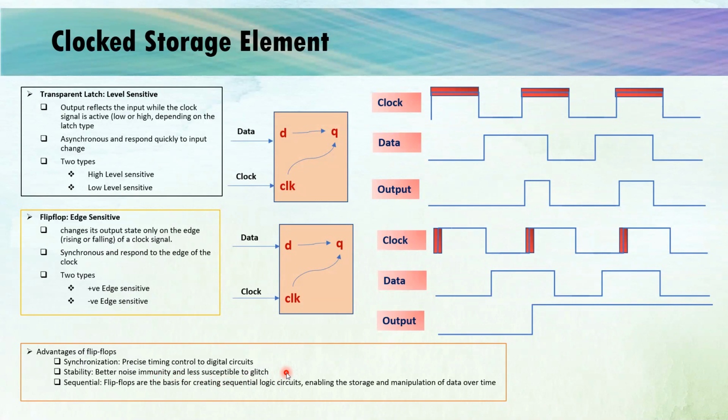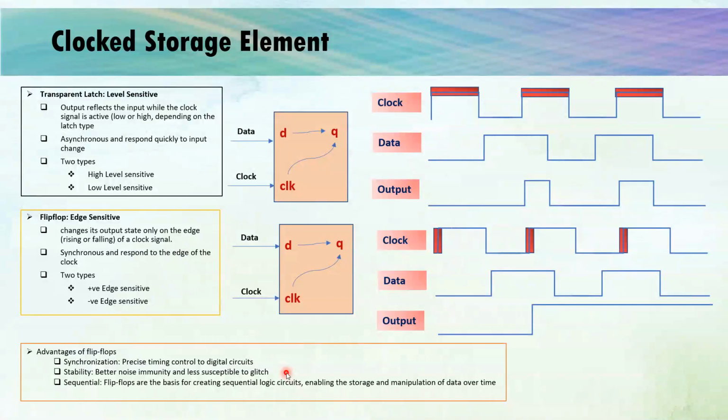Because if there is any glitch, we have already seen in our previous videos that if a glitch occurs at the output, that glitch can somehow give some random data to the output, or it can just toggle the whole state of your digital design.